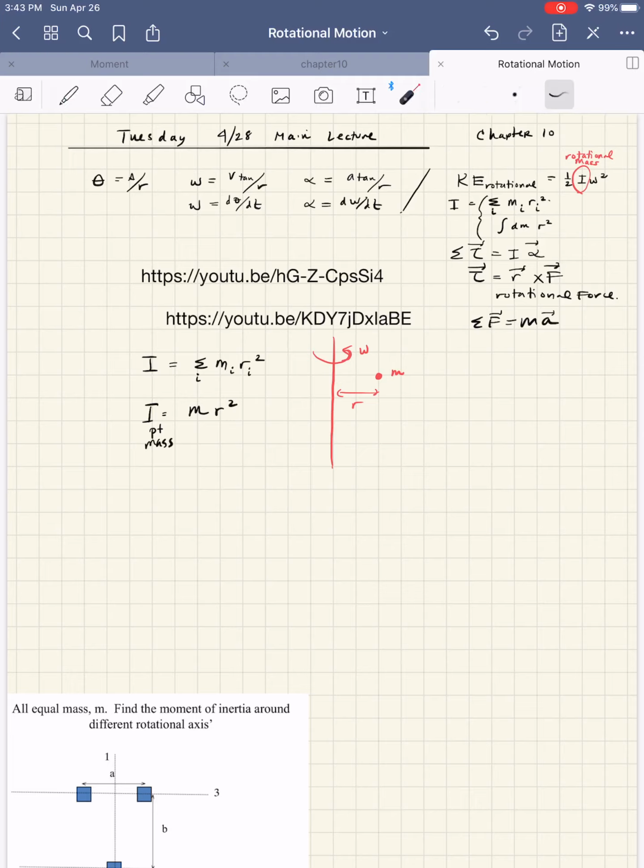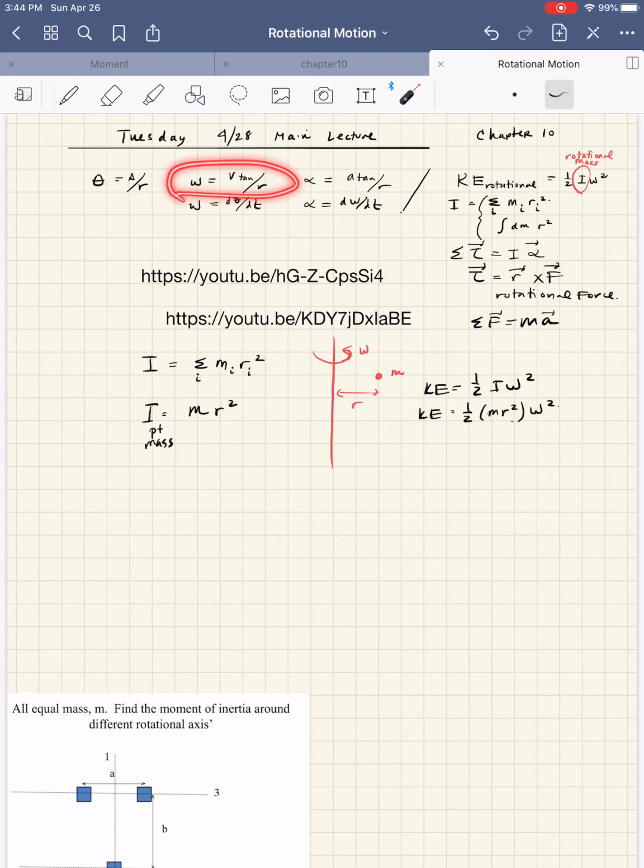If I have many point masses, of course, I'd have to put in their different masses and their different distances away. But before I do, I just want to make sure that this makes sense. I know that rotational kinetic energy is 1/2 I omega squared. If I put in the moment of inertia for a single point mass, this should eventually reduce to 1/2 mv squared, and you can see that it will.